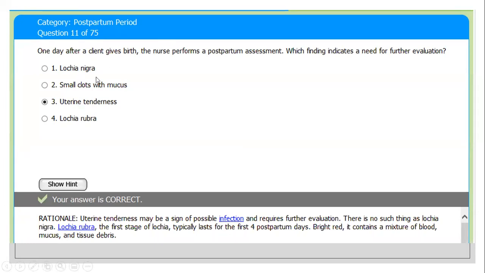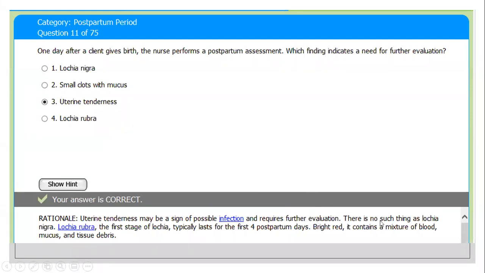Why? You need to further evaluate because something is not normal. Rationale said uterine tenderness may be the sign of possible infection. So if you check the vital signs, you will get a high body temperature. It is the other sign of infection that can support the uterine tenderness. Also require further evaluation.